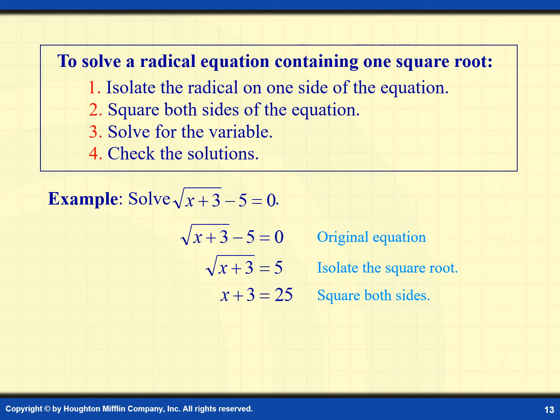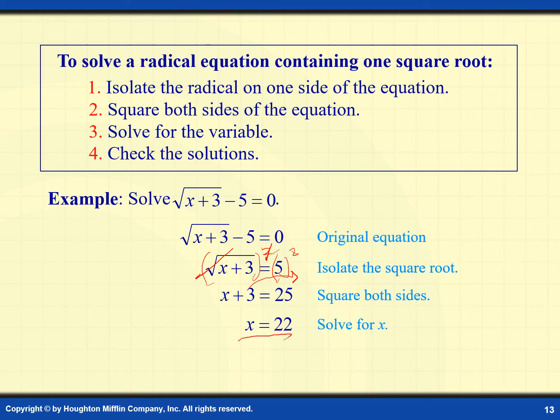Pag in-square po natin both side, ayan, matatanggal yung radical sign at saka yung exponent, magiging x plus 3 na lang, tapos 5 times 5, that is equal to 25. And then, solve for the variable, lilipat natin si positive 3, magiging negative. So, 25 minus 3, that is equal to 22.